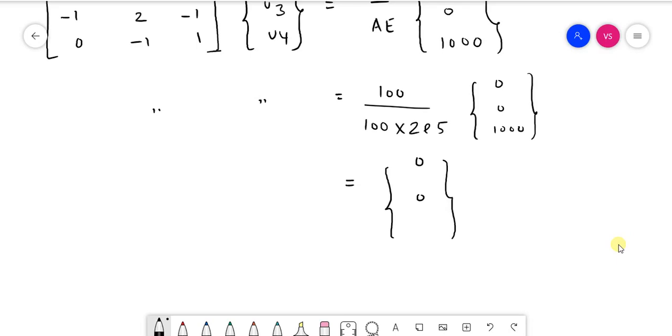Here it will be 1000, 5 10 raised to minus 3. This is on the right side. After you simplify this, here we have the same thing.